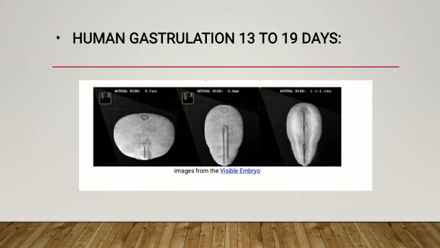Human gastrulation, 13 to 19 days. As more and more cells move between the epiblast and hypoblast, they begin to spread laterally and cranially. Gradually, they migrate beyond the membrane of the disc and establish contact with the extra-embryonic mesoderm, covering the yolk sac and amnion.